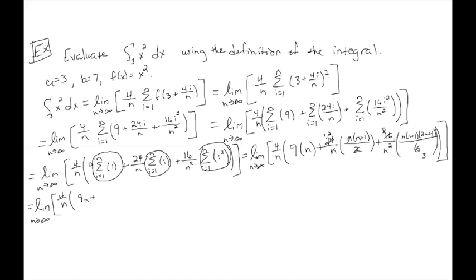Divide both by 2. One of these n's cancels. All right, that makes my life a little bit easier. So I have a 9n, a 12 times n plus 1, plus 8 times n plus 1 times 2n plus 1 over 3n. All right, not too bad.